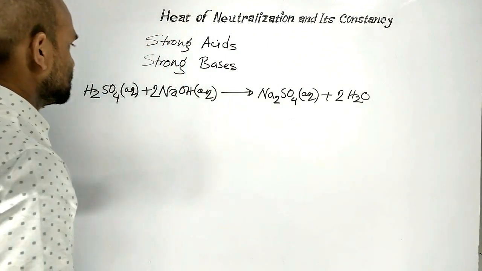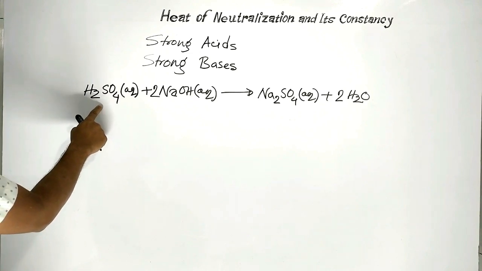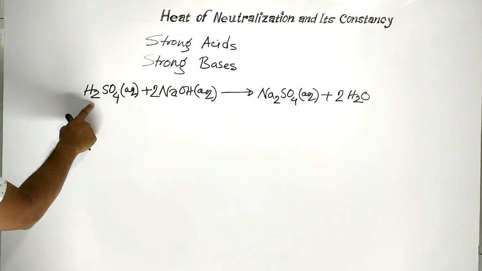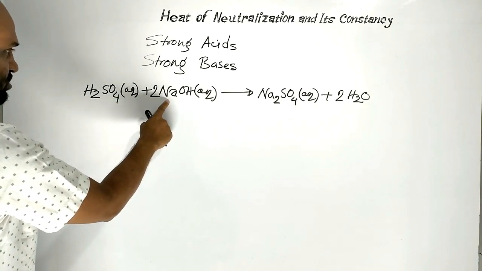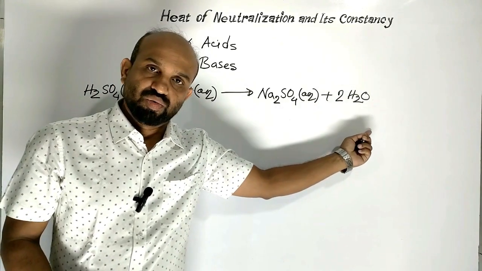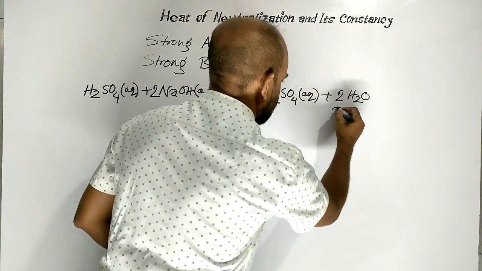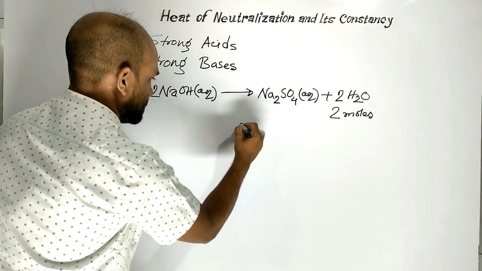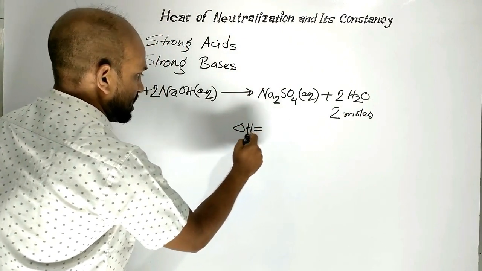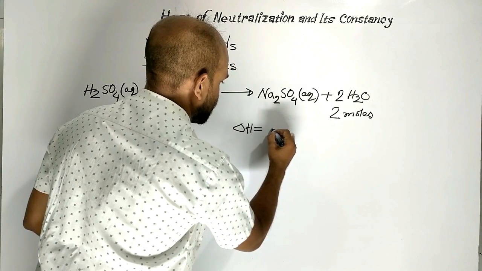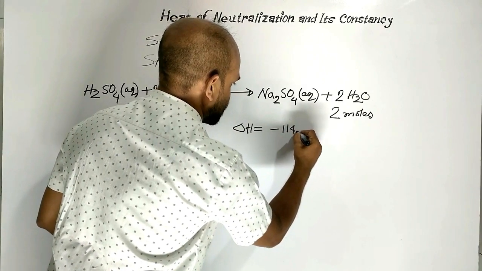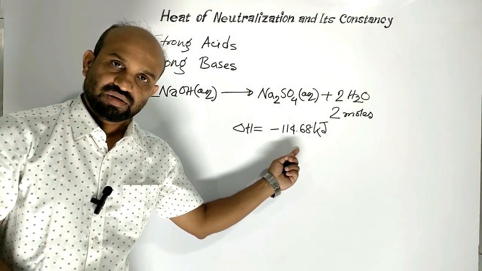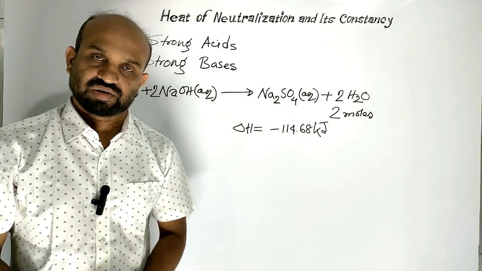In this reaction, 1 mole sulfuric acid is treated with 2 moles sodium hydroxide, then 2 moles water are formed, and the amount of heat produced is approximately minus 114.68 kilojoule.